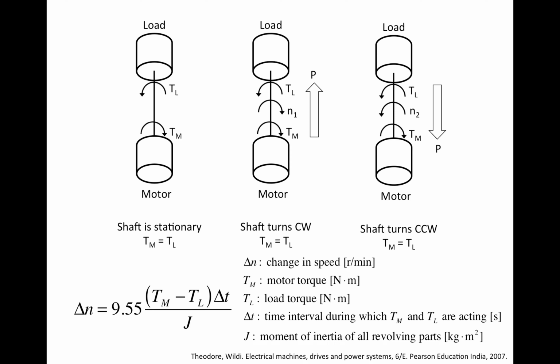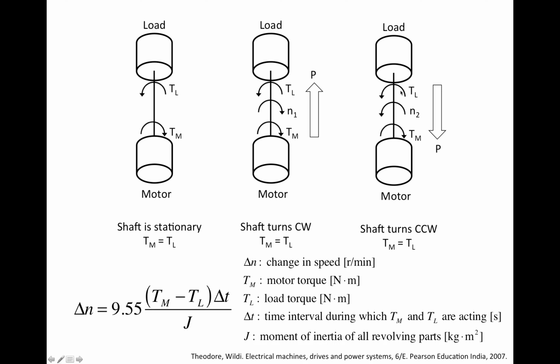So when the counterclockwise speed of the shaft reaches another value, say n2, that's our desired speed, we increase Tm immediately so that it reaches the value of TL again, right? And at that point, Tm equals TL, and then the net torque disappears.